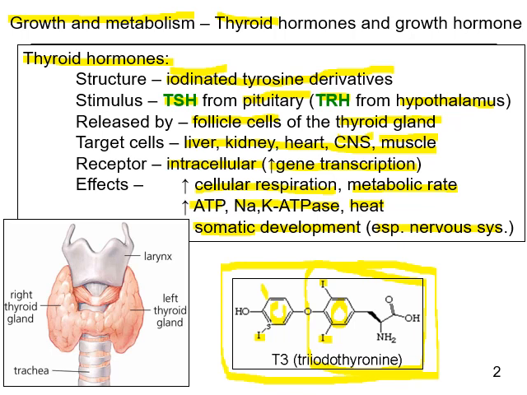So the development of a functional nervous system in humans really depends on the presence of thyroid hormones during neural development. The thyroid gland, that's just shown here, is located in the throat, wrapping around the trachea.